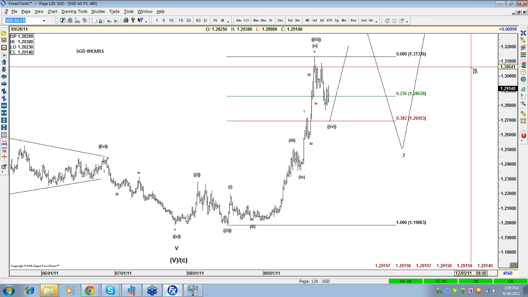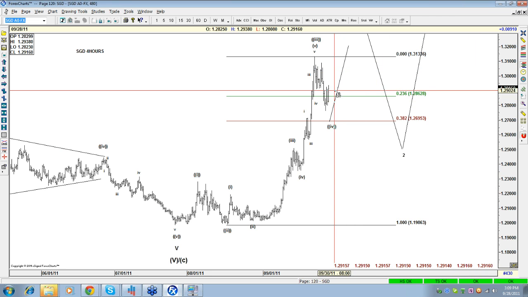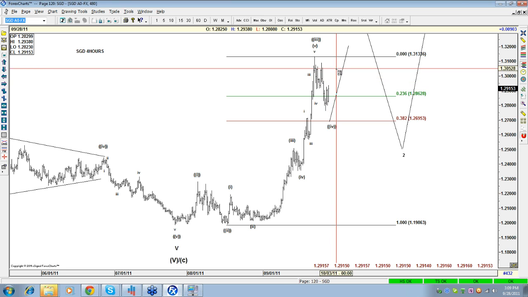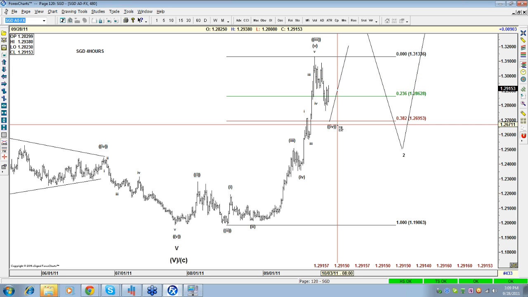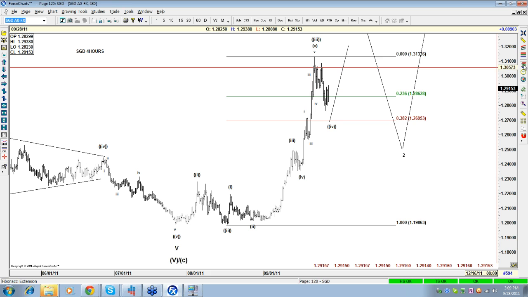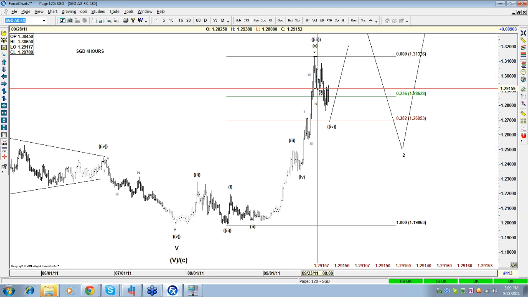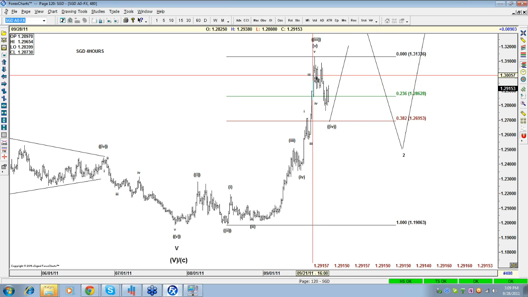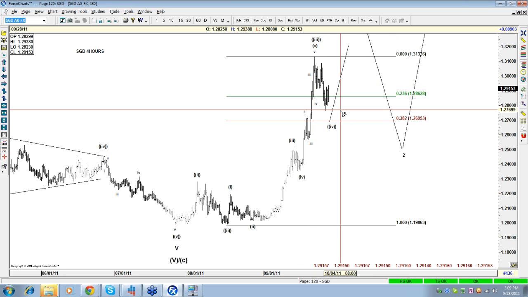Now, very important is that it needs to get extension here before making a new low. Because if you take a look, you got 1, 2, 3 swings to the downside, but it looks very vertical.